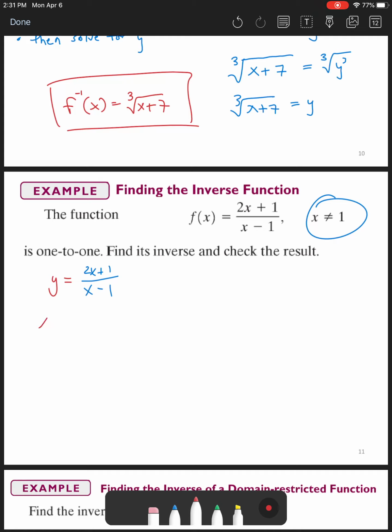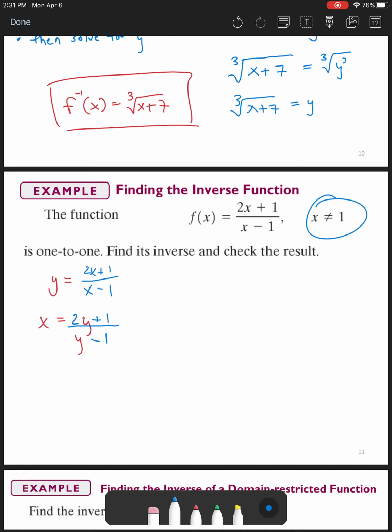Swap x and y. We have x equals 2y plus 1 over y minus 1.